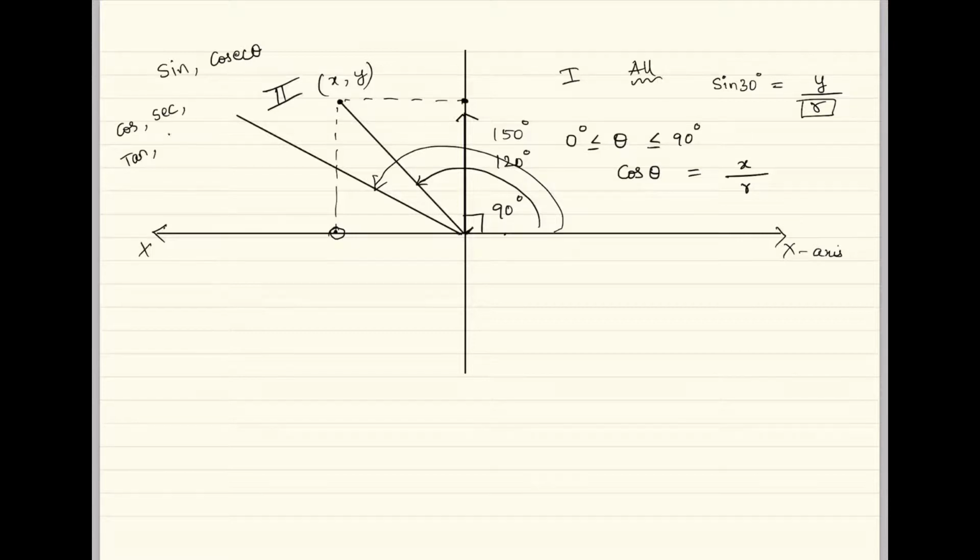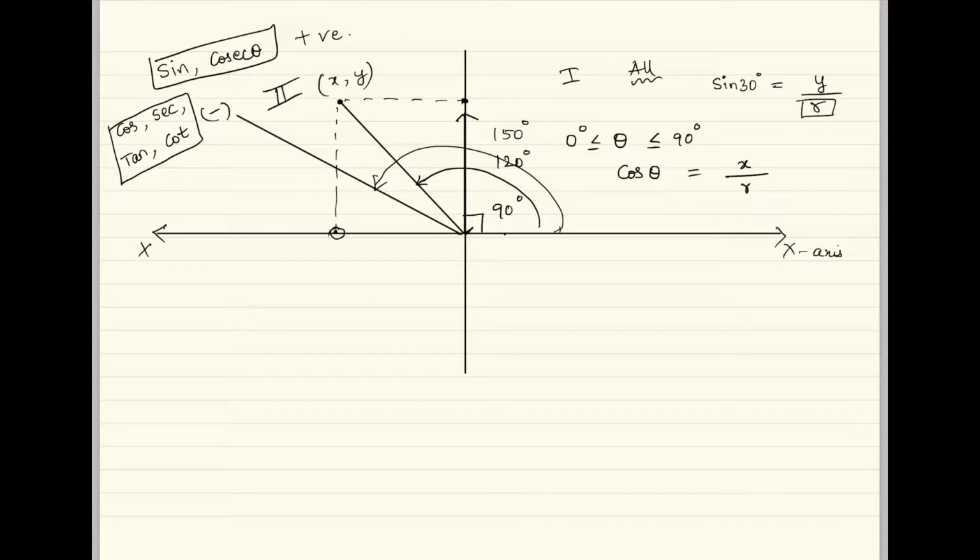And if tan is negative, its reciprocal cot is also negative. So all these will be negative, but sine and cosecant will be positive. So in the second quadrant, all silver. Silver means S for sine, and of course its reciprocal cosecant. Please keep this in mind.